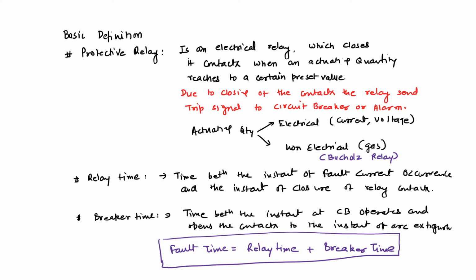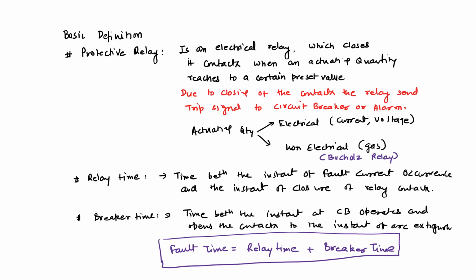The basic definition of the relay is that it is an electrical relay which closes its contacts when an actuating quantity reaches a certain preset value. Due to the closing of these contacts, the relay sends a tripping signal to the circuit breaker and an alarm. The actuating quantity can be electrical or non-electrical. Electrical actuating quantities are current and voltage, for example the over current relay and the over voltage relay.